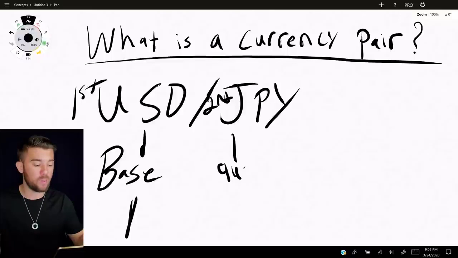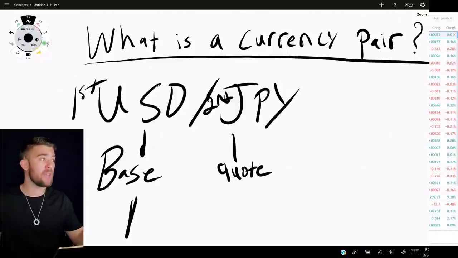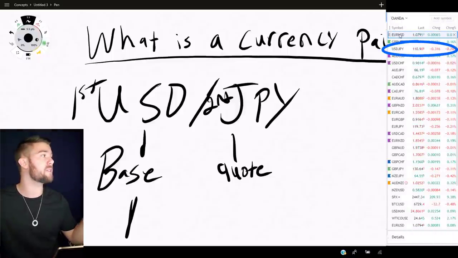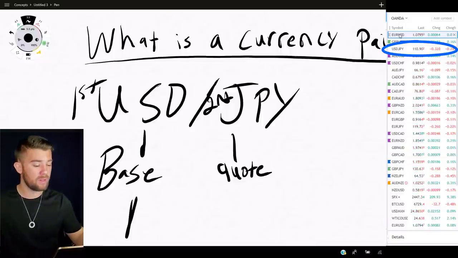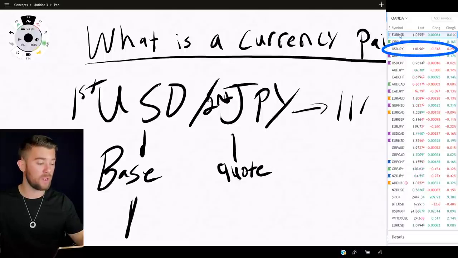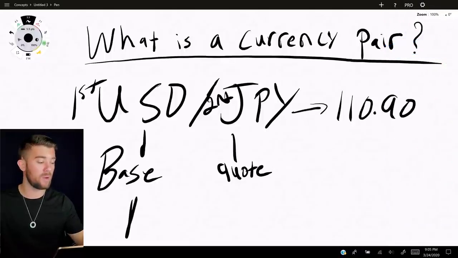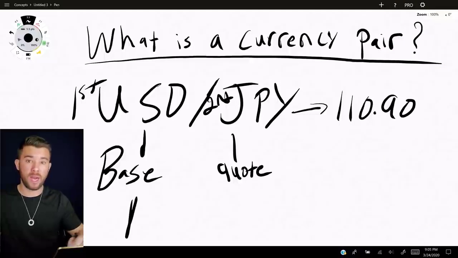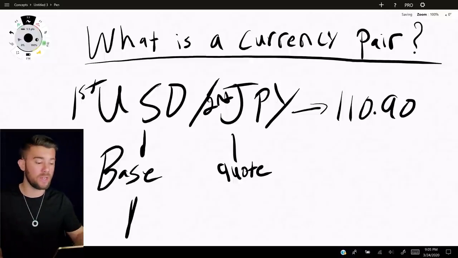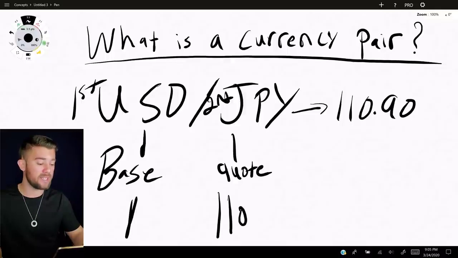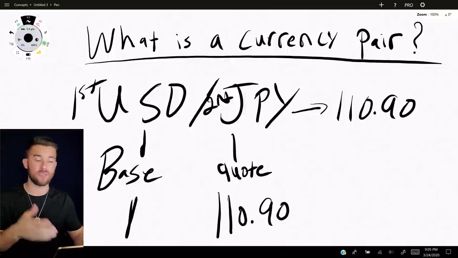So if it's the quote pair, then that means whatever the value of the dollar yen is, and it's on the screen now, it's 110.90. So the dollar yen itself is 110.90. It takes $1, if you have $1, essentially that means you have 110.90 yen, excuse me, not euros, yen.